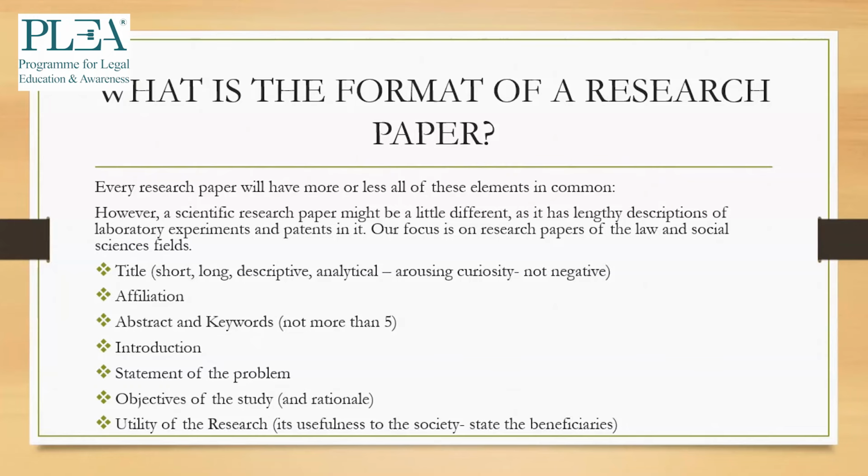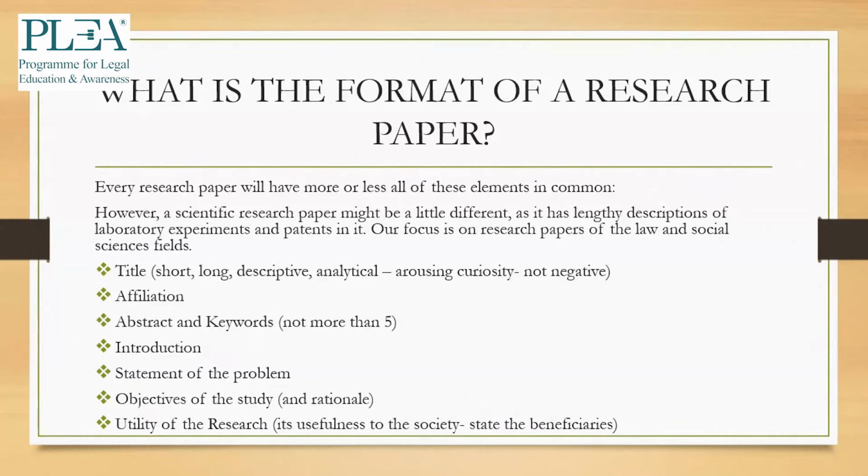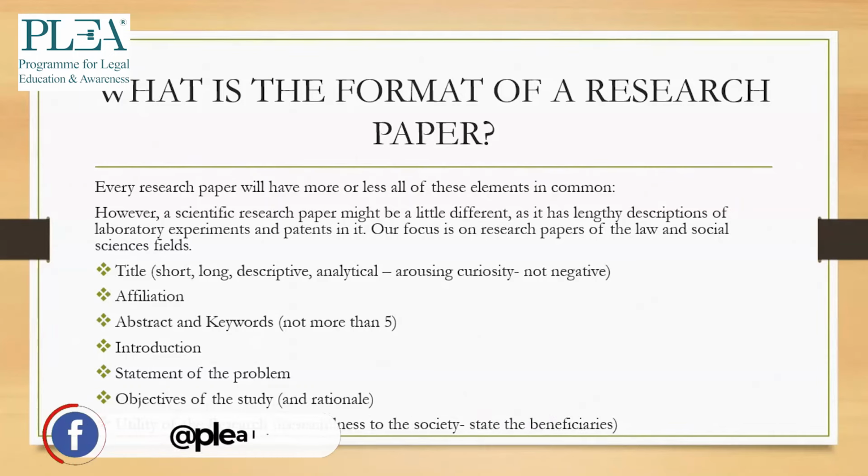Because most of you might be knowing, if anybody is from the science field, that when a research gets completed and it gets approved, most of the times if there is some novelty in it, some invention in it, it gets patented, it gets a patent protection. So scientific research papers are a little different and we are not going to focus on them for now. Let us focus on legal research. Our focus is on research papers of the law and social science fields.